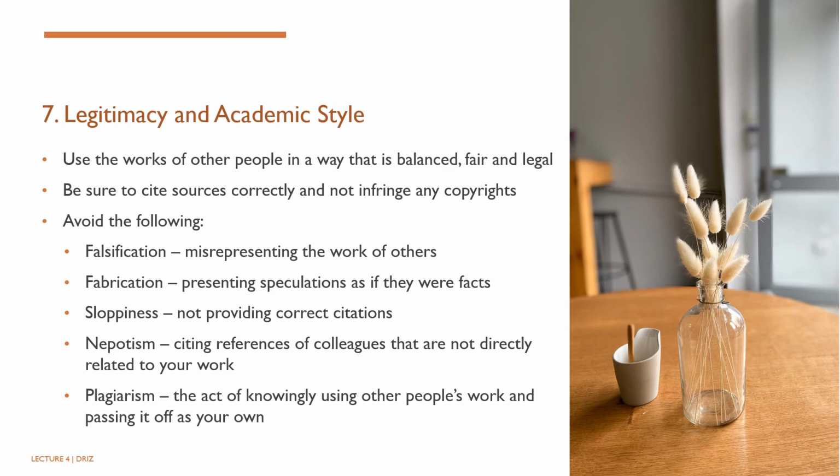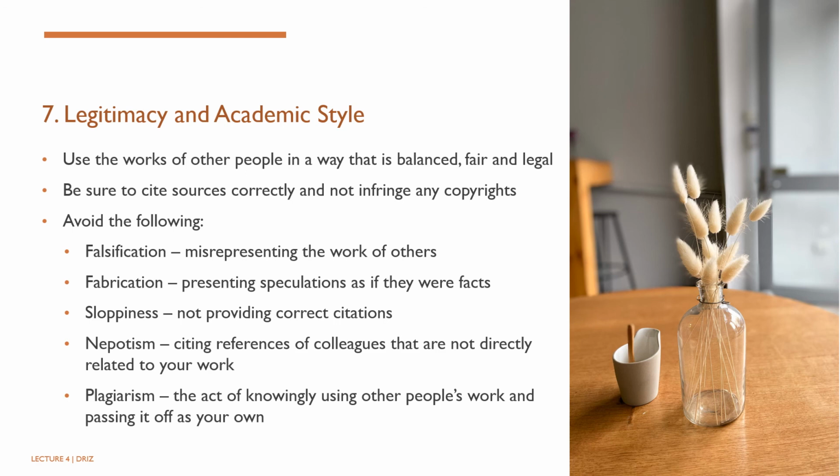And finally, number 7, legitimacy and academic style. You need to be aware that academic writing is very different from regular writing. You need to use the works of other people in a way that is balanced, fair, and legal. Be sure to cite sources correctly and not infringe any copyrights.